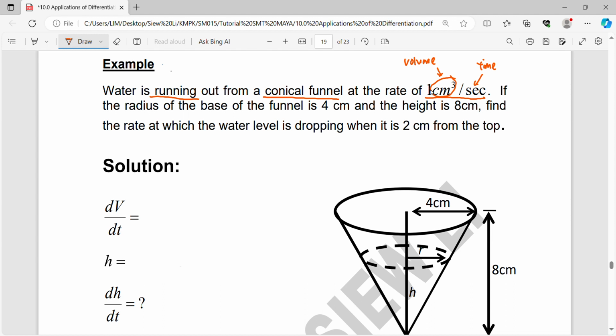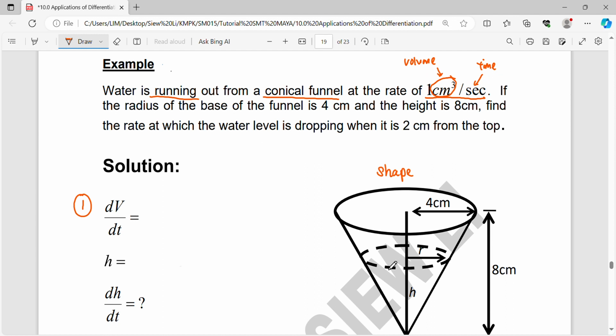So our first step, identify the information, the variable, the constant, and the shape. And the shape we can see here is a conical funnel. So our changing variable here is volume and time.